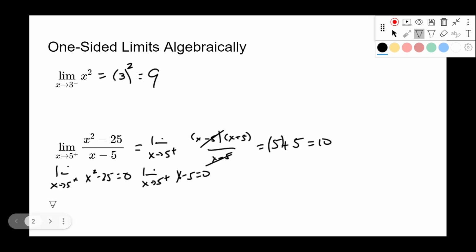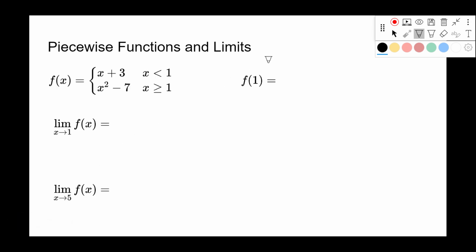However, there are some different kinds of one-sided limits that we're going to look at here that might be a little bit different. So let's take a look at some piecewise functions and limits. Let's take our piecewise function f of x equals x plus 3 if x is less than 1, and x squared minus 7 if x is greater than or equal to 1.